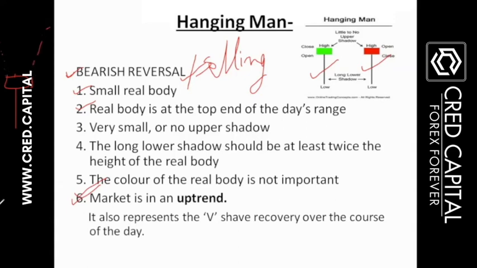If the market is in an uptrend, meaning buying has prevailed for a long time, at the resistance level, not at the support level, meaning at the higher highs level, the market will form a hanging man. Your market will fall for some time, at least 10 to 15 pips.